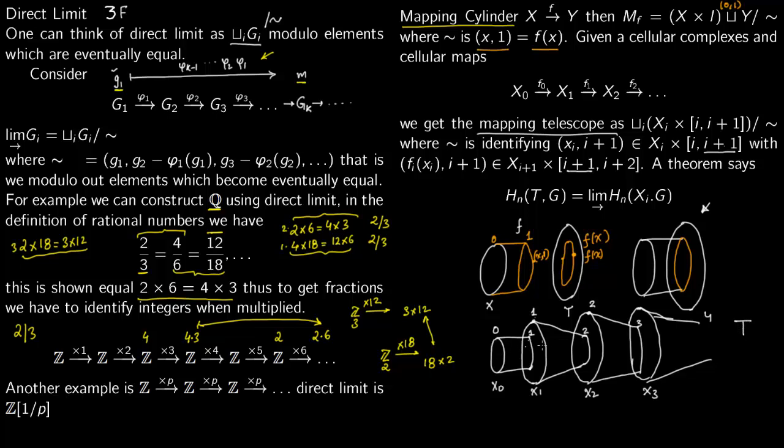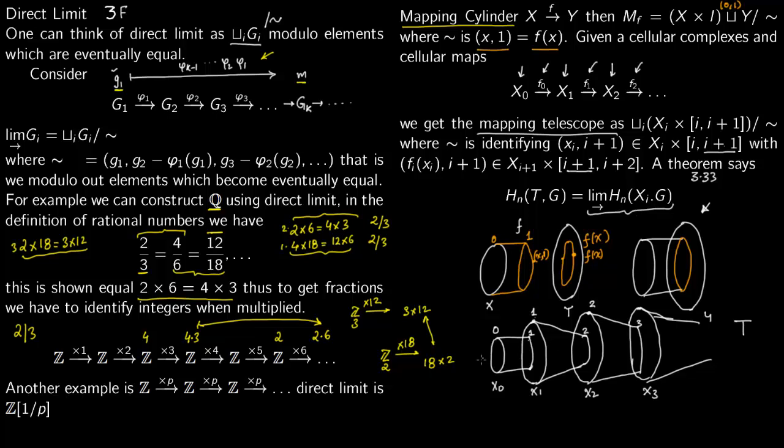Now if all these X's are cellular complexes, this is a cellular complex, this is a cellular complex, and so on, and these are cellular maps, that is CW complexes and maps between them, then there is a theorem in Hatcher, I think it's Proposition 3.33, which says if you want to compute the homology of this telescope, this homology can be computed by using the direct limit of each and every one of these X_i's.